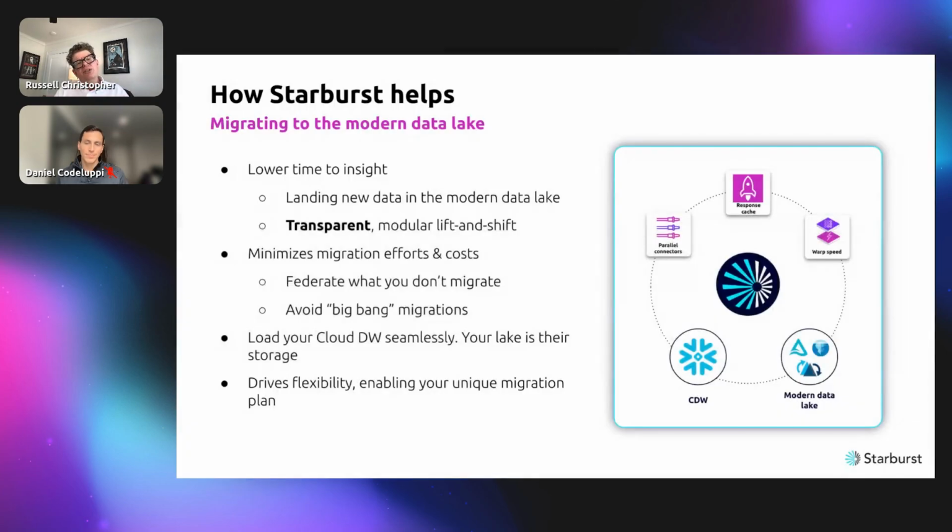We're now going to just cover off on a couple sort of semi-random things around migration. For me, the most important thing on this slide is that Starburst is going to help you avoid those big bang migrations that take 18, 24, 36 months, are high risk, are very expensive.